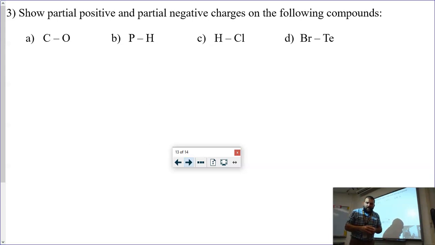If it's not paired with another one of those, you can safely assume that that element is more electronegative. For example, carbon versus oxygen in the first problem. Oxygen is a member of the 5 most electronegative ones on the periodic table. F-O-N, Cl-Br. It's the O. This is more electronegative, and that would be partially negatively charged.